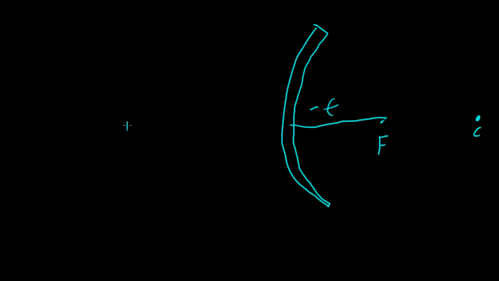Okay, and then we have an object over here. This will be positive. The do will be positive. And then you have to use the equation to figure out where the image will be, and it'll depend on angles and lots of different stuff. But our mirror equation still works, so we still use our same old thing. But just remember that a negative length on these problems means it's a length this way. These are negative lengths, like inside the mirror, if you will, and these are positive lengths, no matter if it's a convex or a concave mirror.